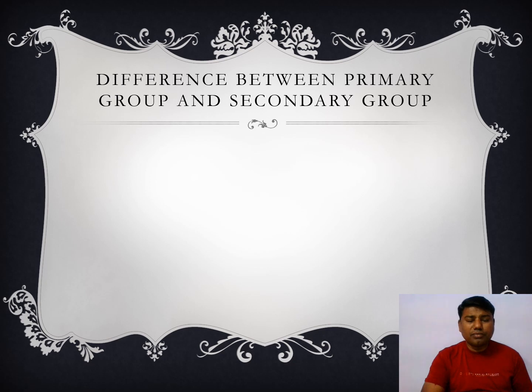Now, very briefly, I shall be explaining the difference between primary group and secondary group. I have already explained many points which I shall be talking about in this difference between primary group and secondary group. For example, nature of social relations. The first difference we find is in terms of nature of social relations.